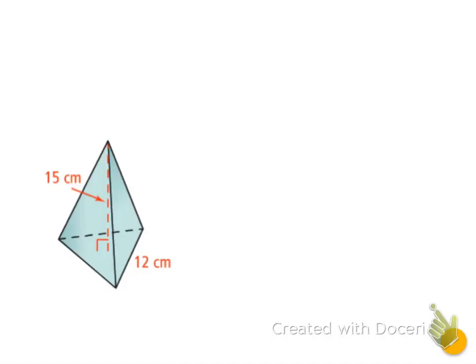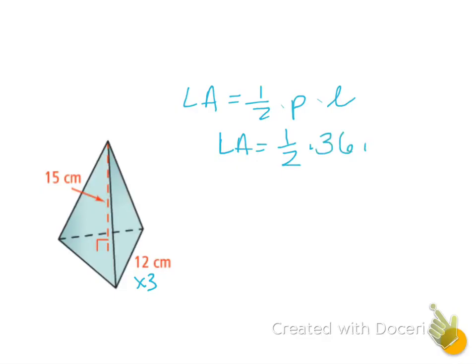Okay, so this one we're going to have to do kind of the same thing. So we got 1/2 times my perimeter times my lateral. So my perimeter, I got 3 sides and one side's 12, so 3 times 12 is going to get me 36. And then if I draw my triangle, this is 15.